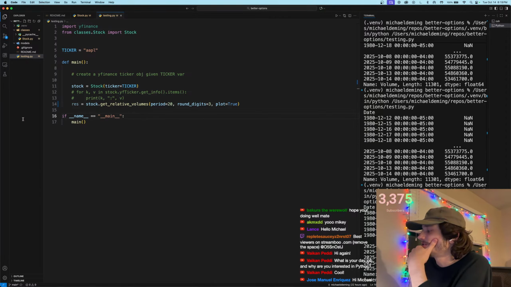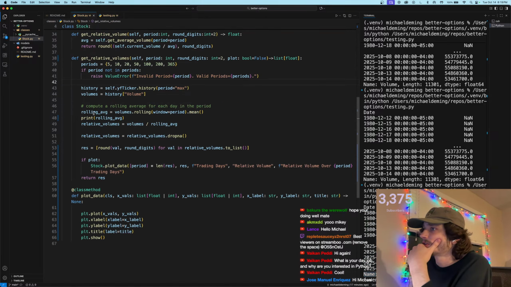With 11,000 entries in it. So that's the rolling averages for each of the periods. And I compute volumes divided by rolling averages, get relative volumes. And you drop all the NAs. But this is doing it for every single one.